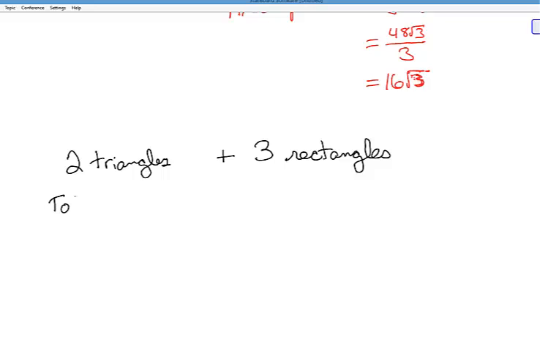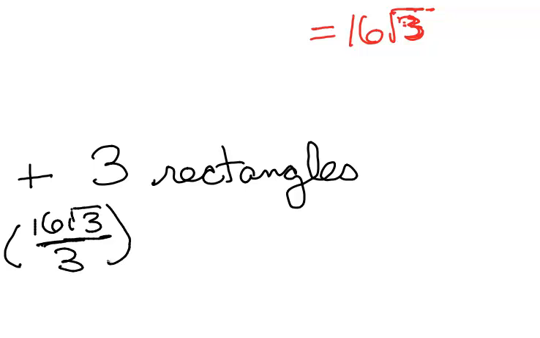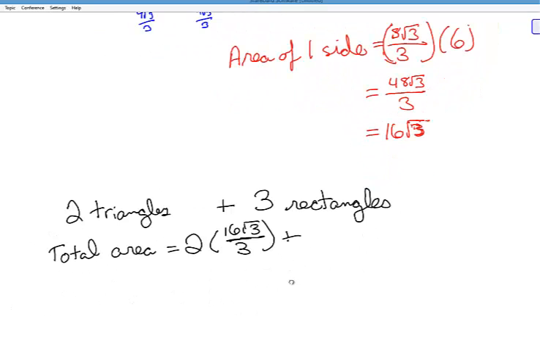So our total area is going to be 2 times our area of our triangle, which was 16 times the square root of 3 divided by 3, plus 3 rectangles times its area, which was 16 times the square root of 3.